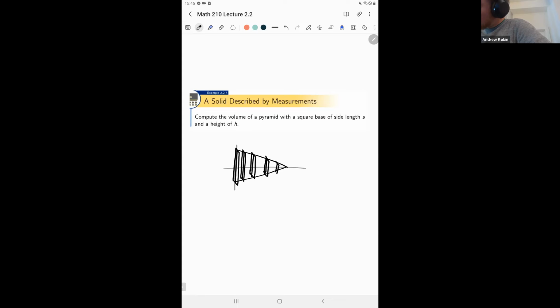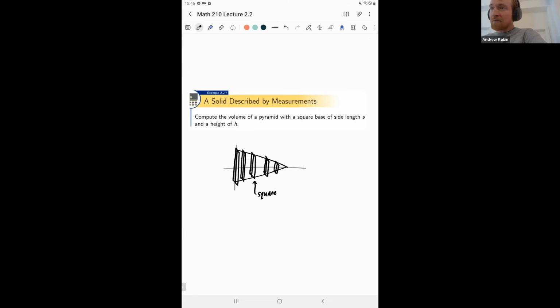I'll draw one more. Here we go. Okay. So the base, first of all, is a square, but in fact, all of these are squares if I slice the right way. But of course, the squares are getting smaller as we move up the pyramid if the base is at the left.